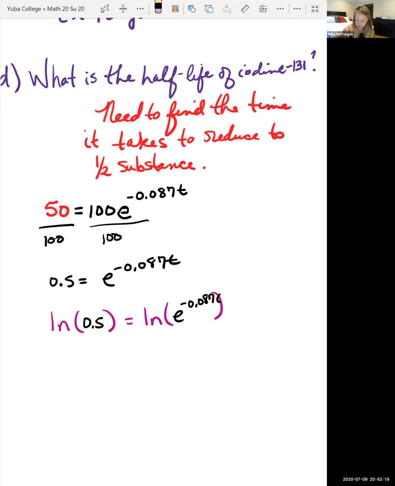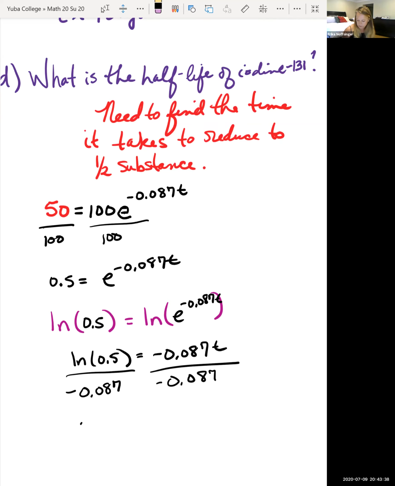So natural log of 0.5 equals negative 0.087t. Divide by the coefficient in front of t on both sides. And then the calculator: natural log of 0.5 divided by negative 0.087.